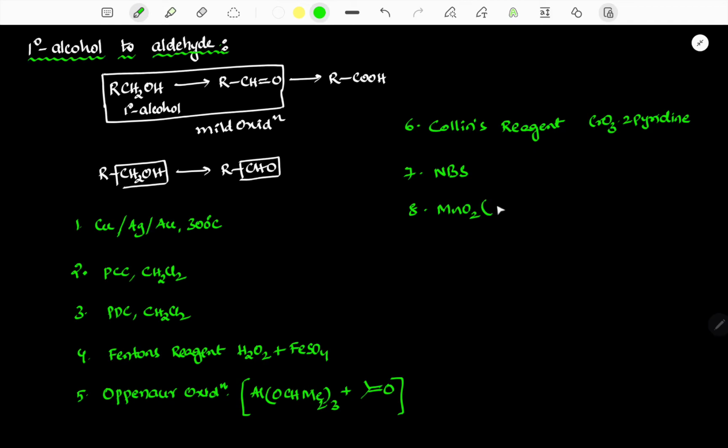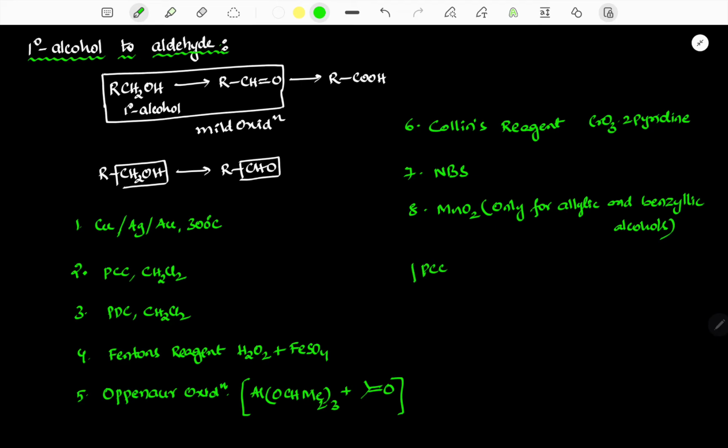MnO2's specialty is that it is only for allylic and benzylic alcohols, not for other alcohols. So we can add any one of these reagents to convert a primary alcohol to an aldehyde. If any molecule has a primary alcohol and you want to convert it into an aldehyde, we can use any one of these reagents.